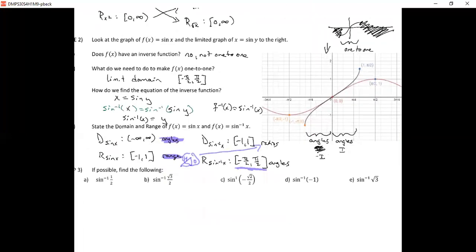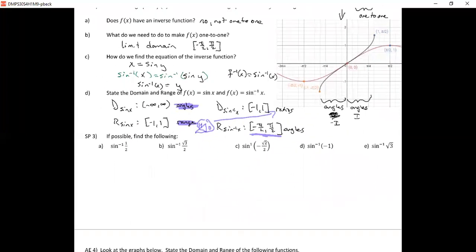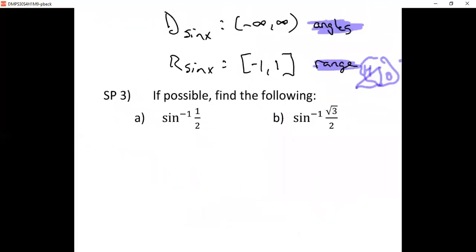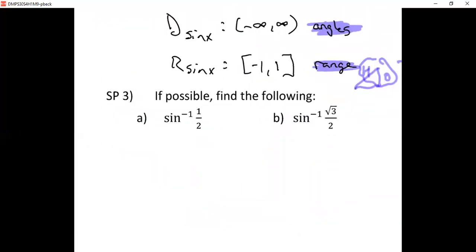So let me talk through these problems a little bit, and I'm going to change colors to blue. The inverse sine of 1/2 is a very short notation for a very long question. The question that's really being asked here is: what angle between -π/2 and π/2 creates the sine ratio 1/2?